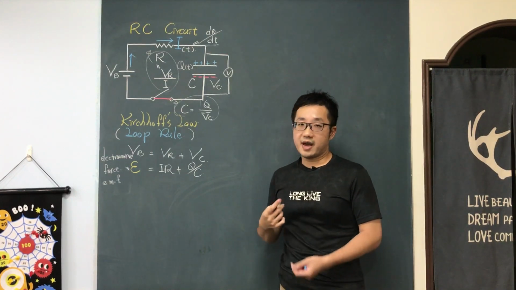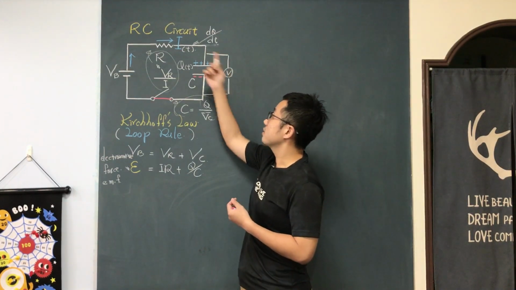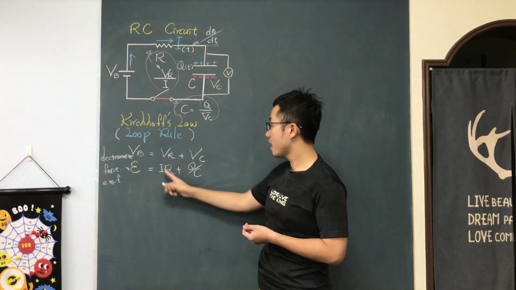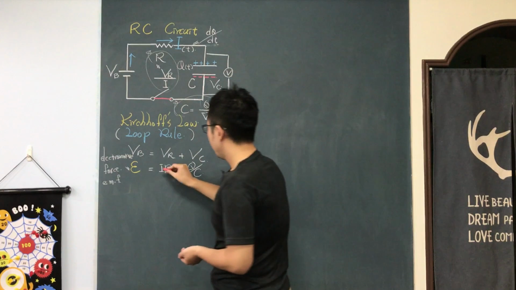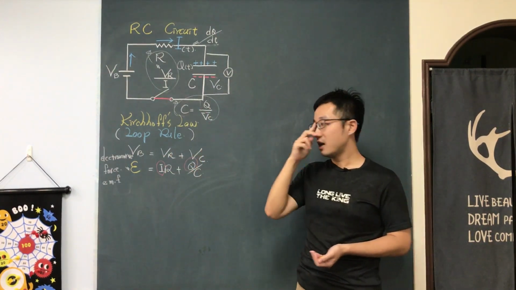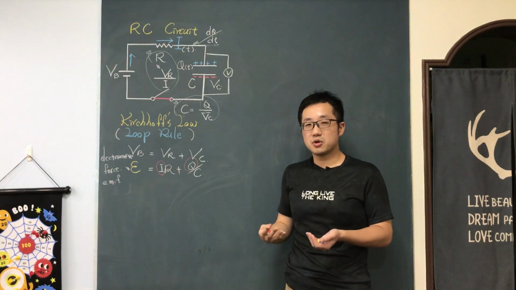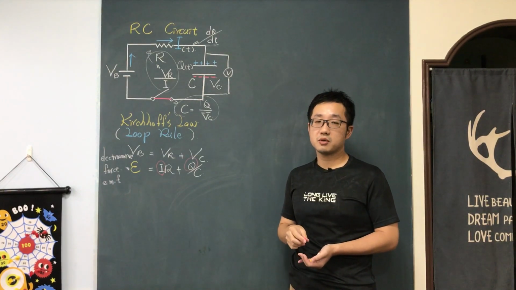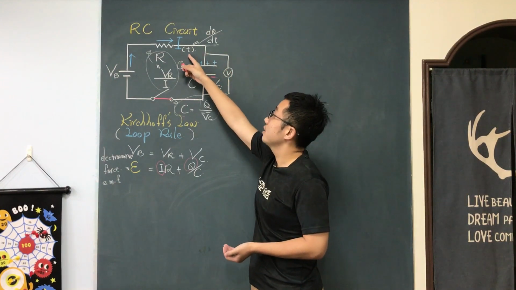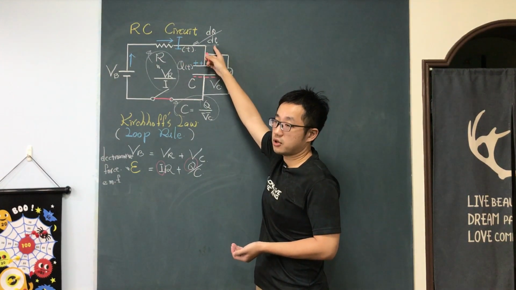Just like what we expect, your current I and your charge Q should be functions of time. Your I and your Q are two variables, and I would like to make them look more similar. So you can remember, how do we define the current I? The current I is basically how fast your charge is moving.